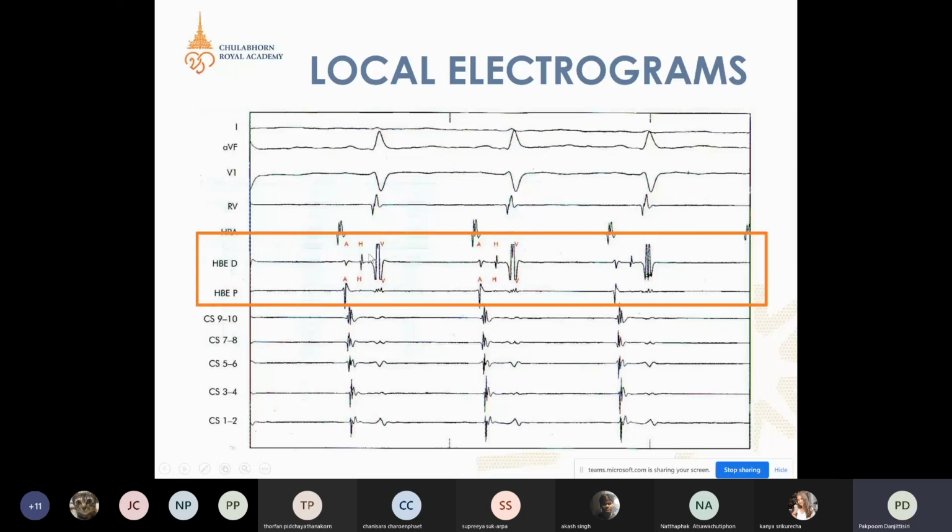Apart from that, you should see the His electrogram, just like the spike signal here between the A and V signal.